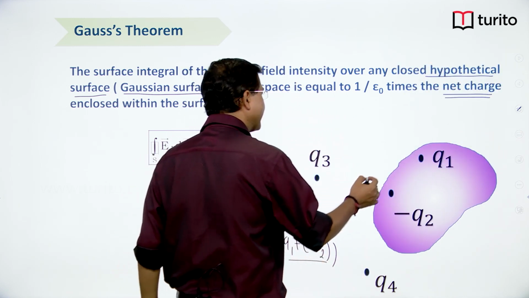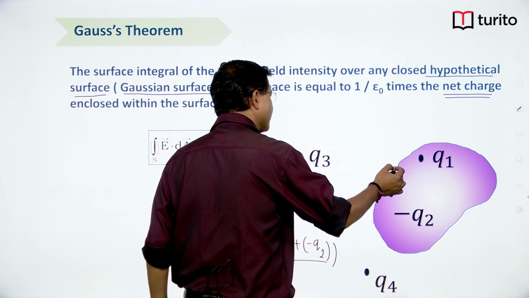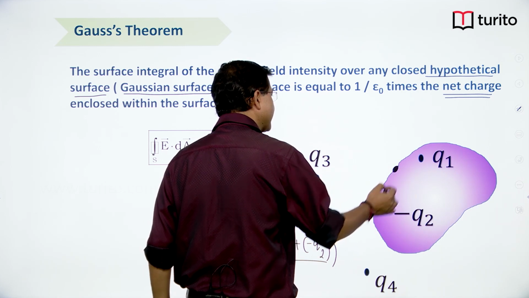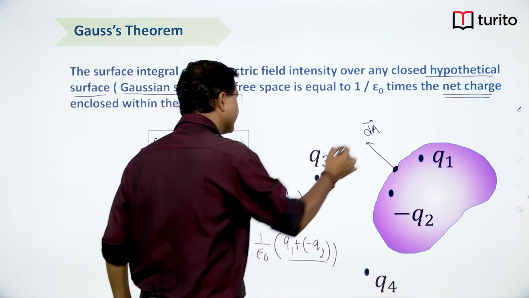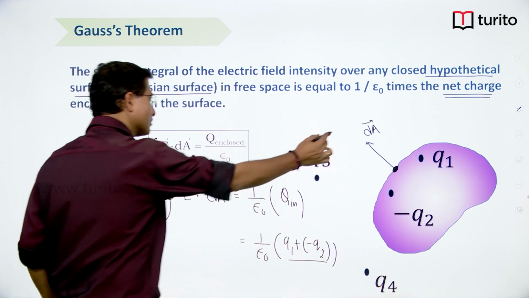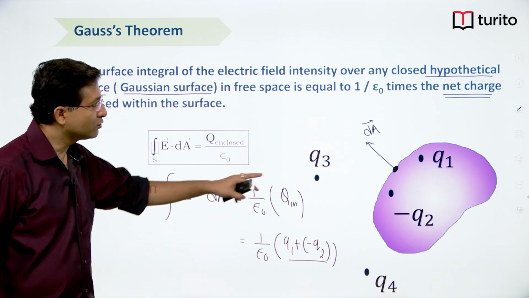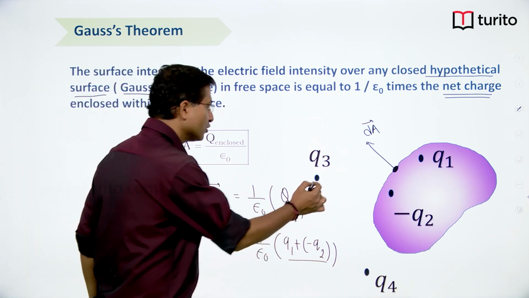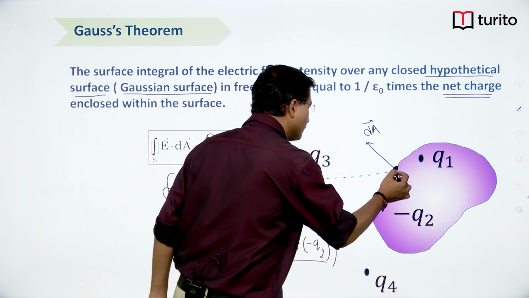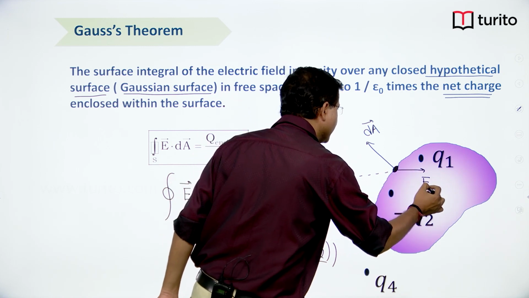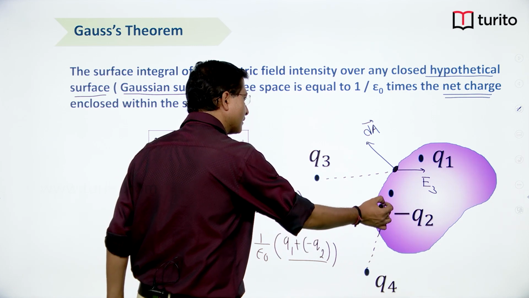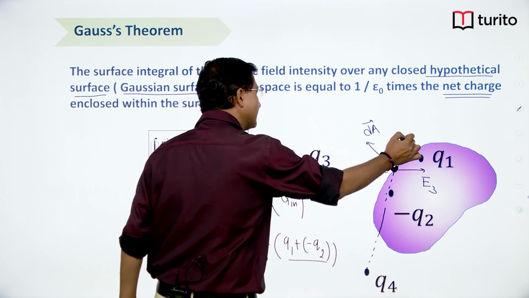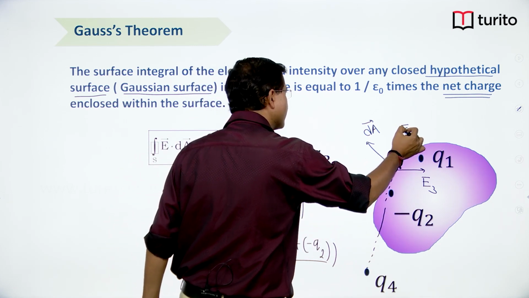So you take any point, say somewhere here, I am taking an element and say the element is dA, right. So this dA is this one. Now this Q3 will produce field here, E3, and this Q4 will produce field here, that is E4.